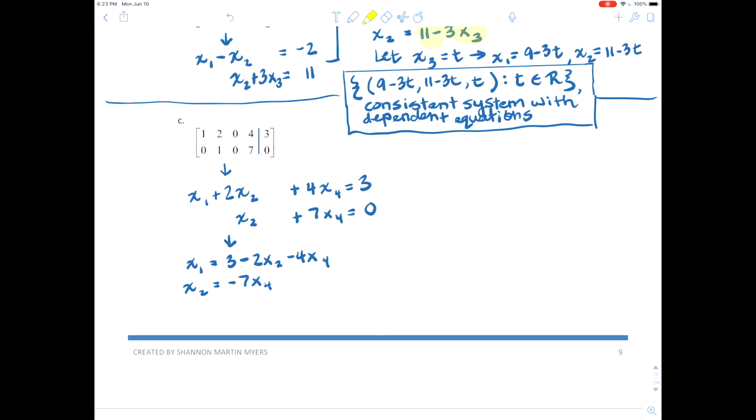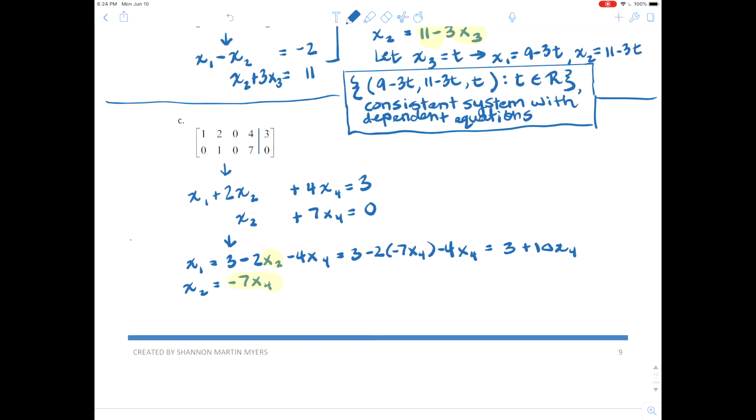So remember how last time for x2, we want to plug in this negative 7x4. So x1 will equal 3 minus 2 times negative 7x4 minus 4x4, which in turn gives us 3 plus 14x4 minus 4x4, so we'll get plus 10x4.